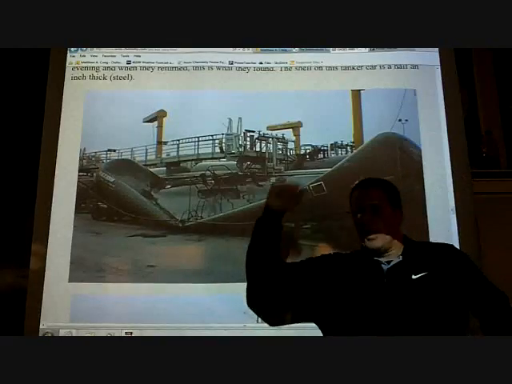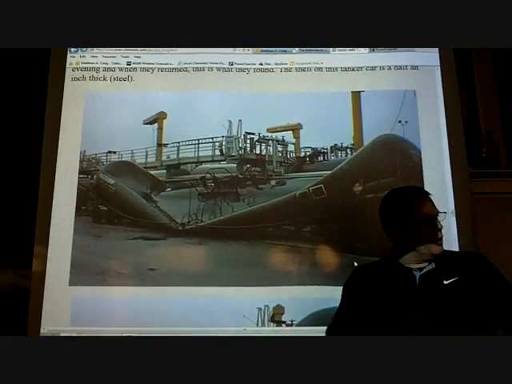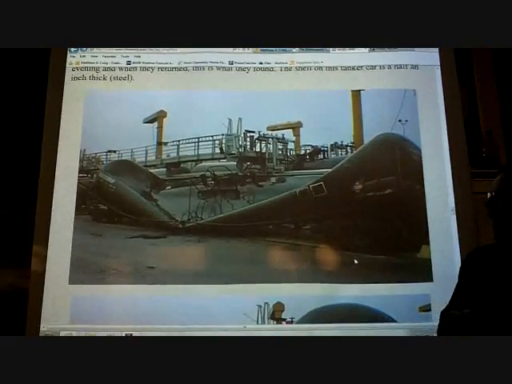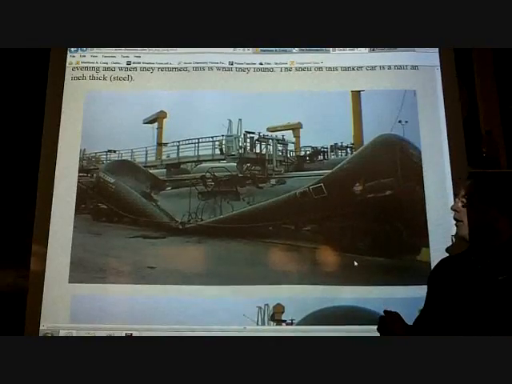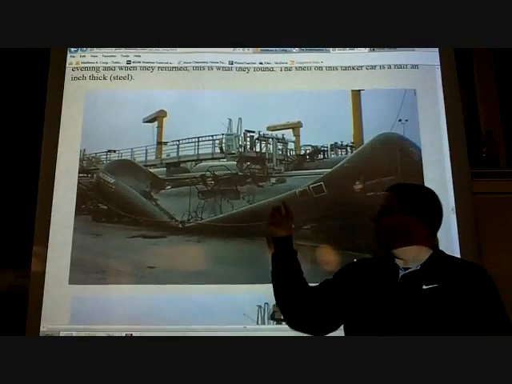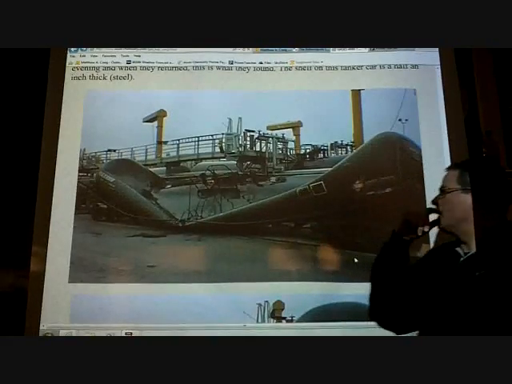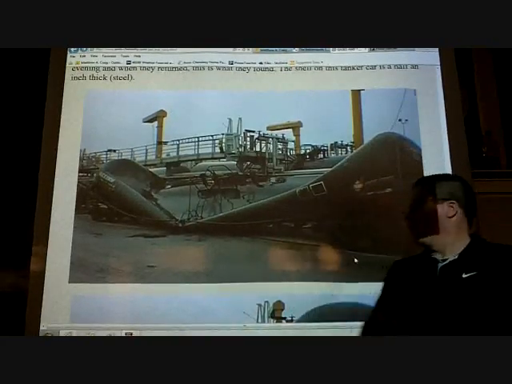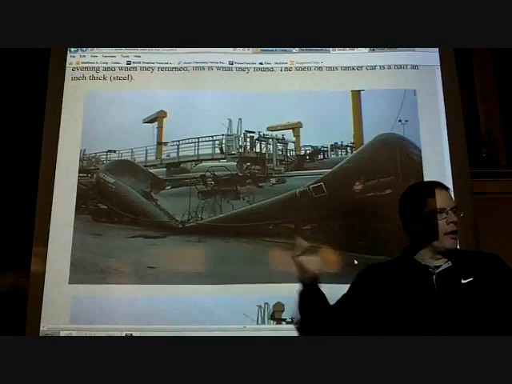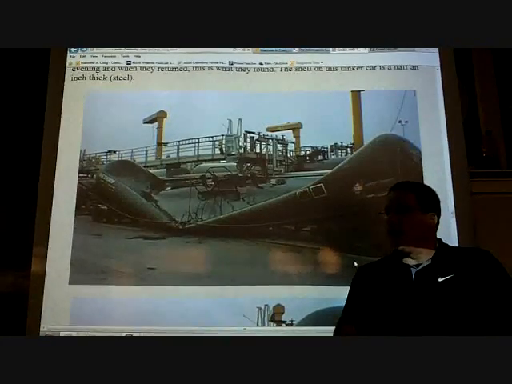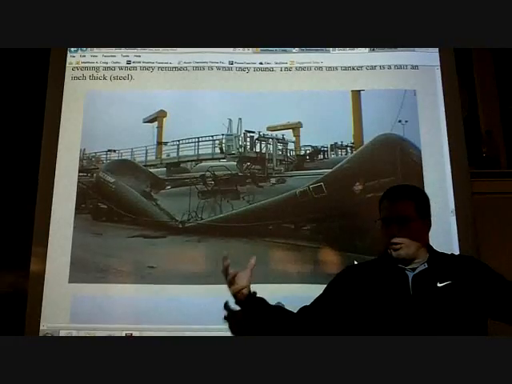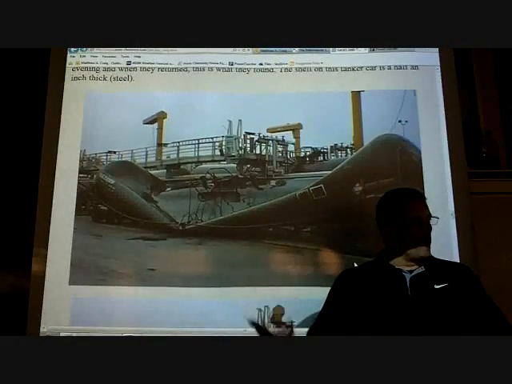But a crew got in there to steam clean the tanker car out, again using hot water. There's pressure valves on the side of these things, so in case the pressure builds up, the pressure can be let out. These guys, or gals, I don't know who did it, got in there and steam cleaned it. Evidently it's pretty cool outside. As they finished the job, it was still pretty warm inside, with the warm water and the warm vapor.